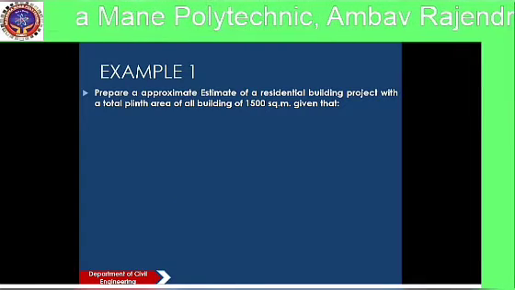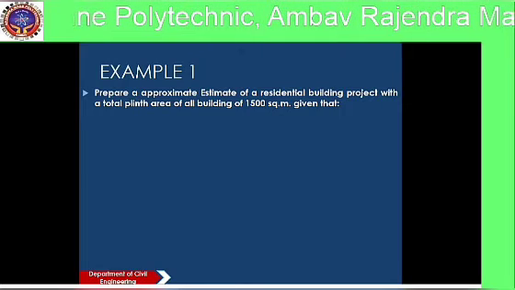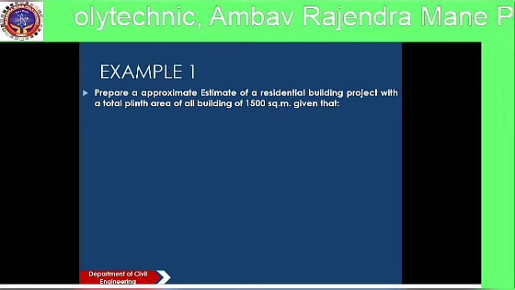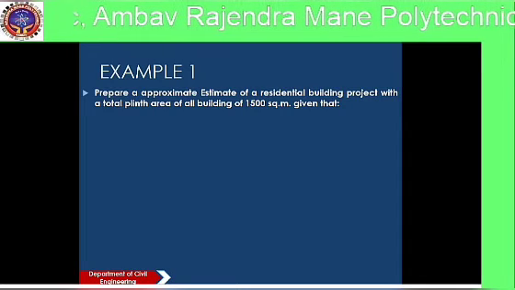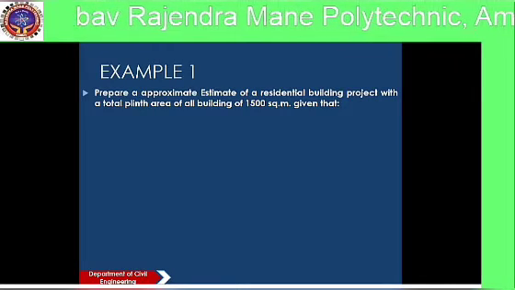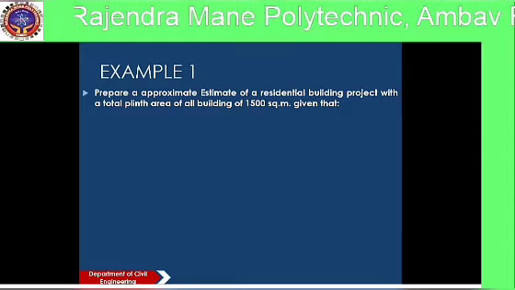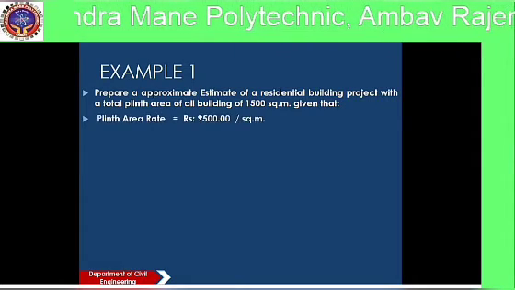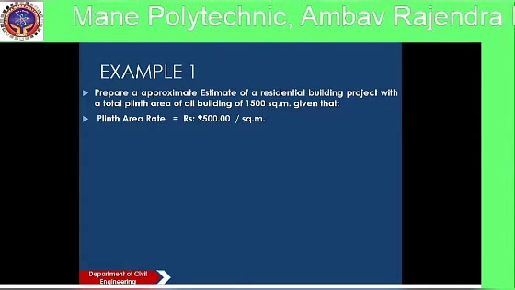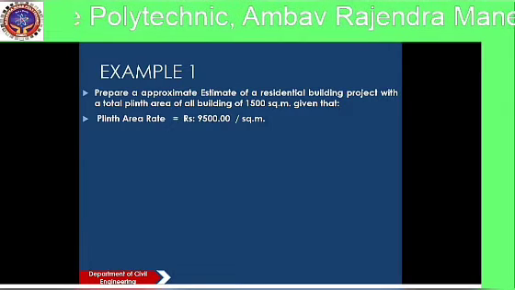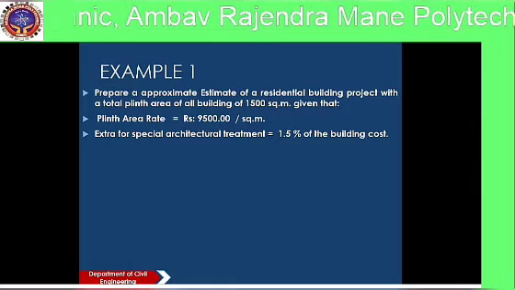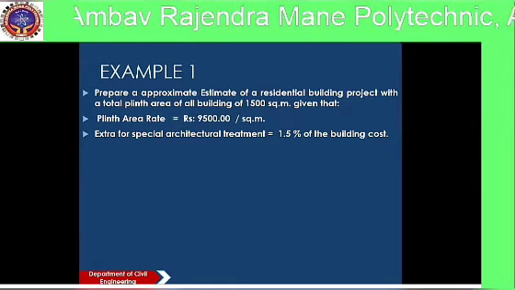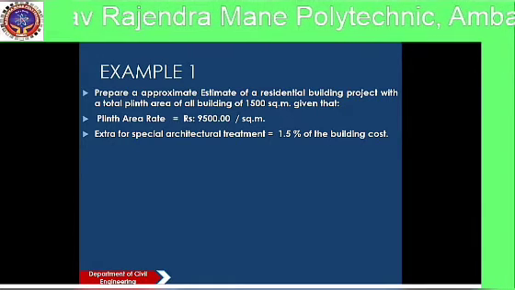So prepare an approximate estimate of a residential building project with a total plinth area of all buildings 1500 square meter, and given that the plinth area rate is 9500 per square meter. Extra for special architectural treatment required is 1.5% of building cost.